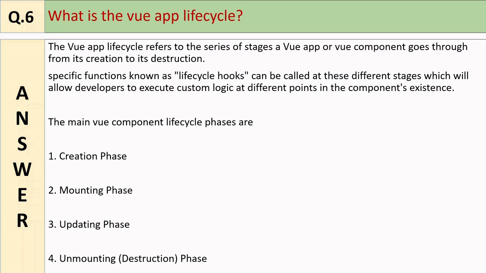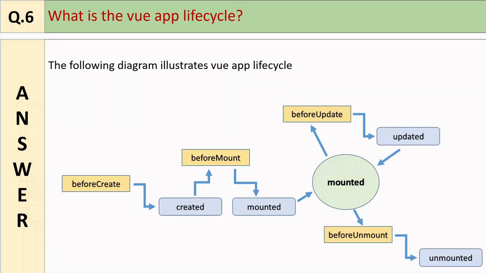Specific functions known as lifecycle hooks can be called at any of these lifecycle stages that will allow developers to execute custom logic at any of these points. The main Vue component lifecycle phases are creation phase, mounting phase, updating phase, and unmounting or destruction phase. This diagram illustrates the Vue app lifecycle.